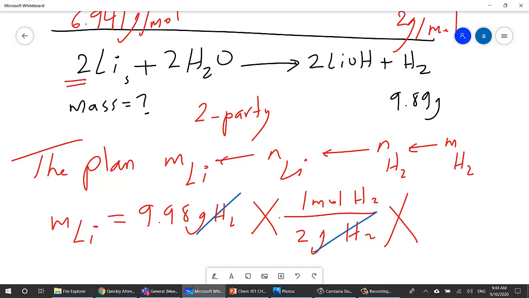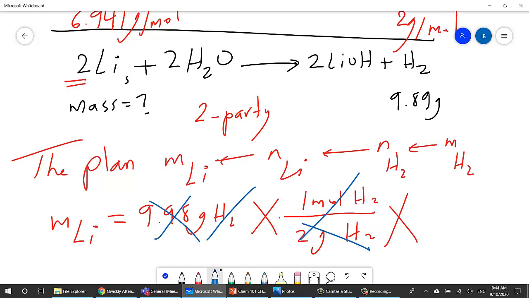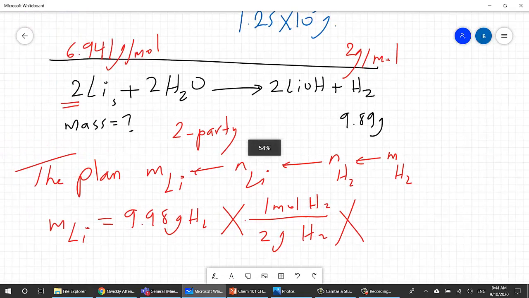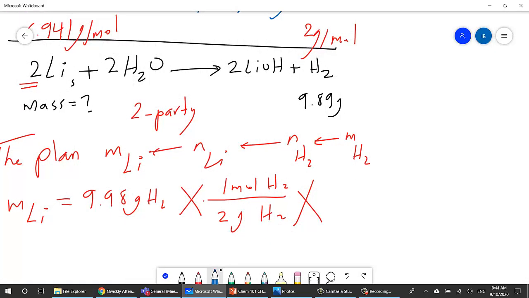And next, by the way, in the exam, guys, don't cancel. Don't do this, so the teacher can see what you are doing. In the exam, if you start doing this, your answer would look very dirty. Don't do the cancellations in the exam. I'm just showing you the cancellations here because we are in a lecture, but in the exam don't do it. Next is the molar ratio between the two.